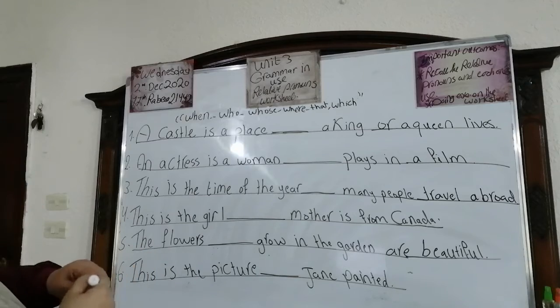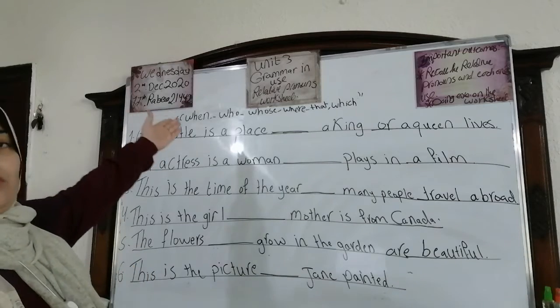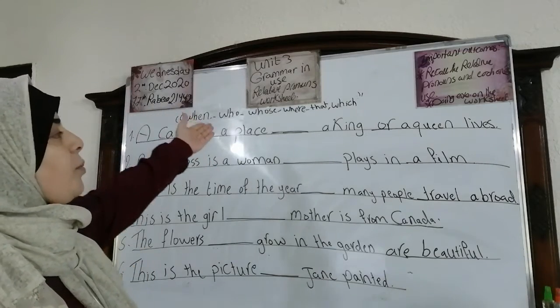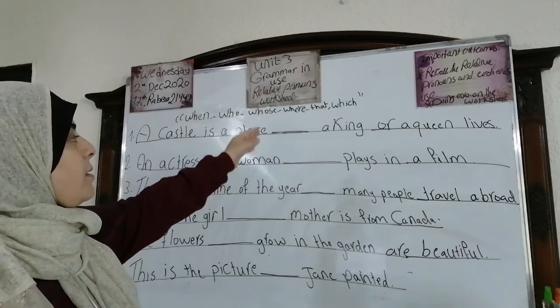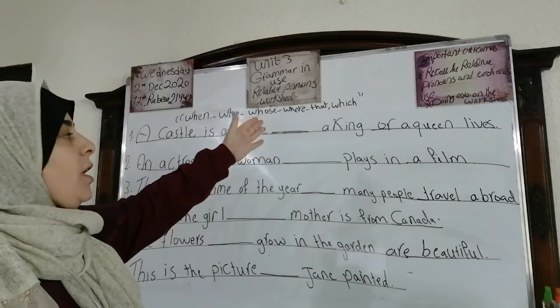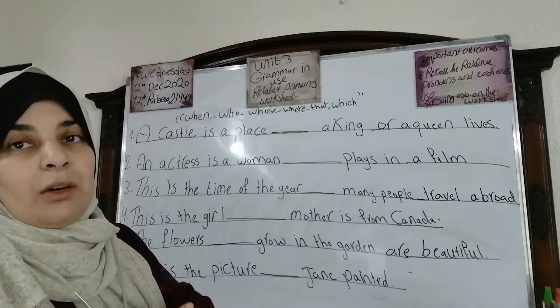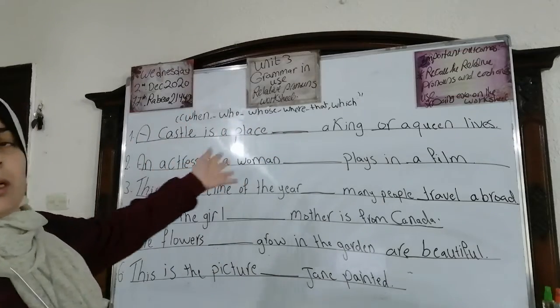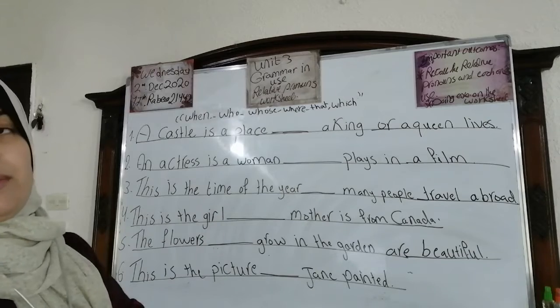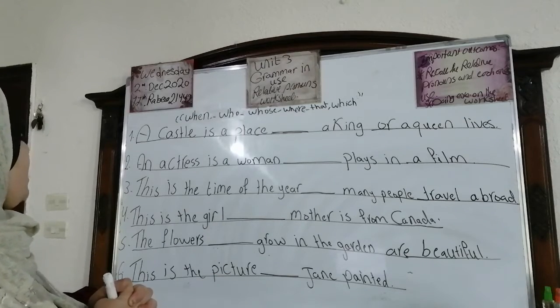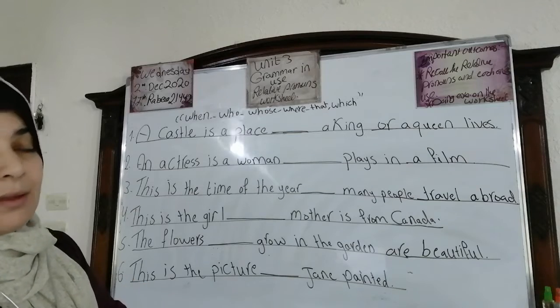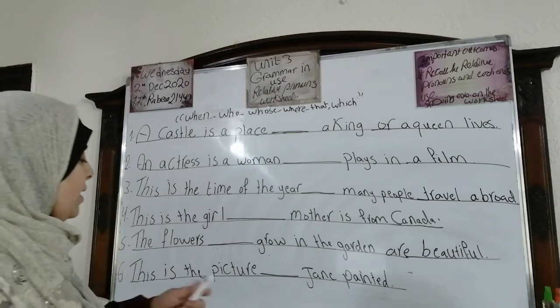We said we use when for time, who for people, whose as a possessive, where for place, that for people or place or things, which for things. Okay, we are going to fill them in the correct place. Now look at number one. A castle is a place a king or a queen lives.